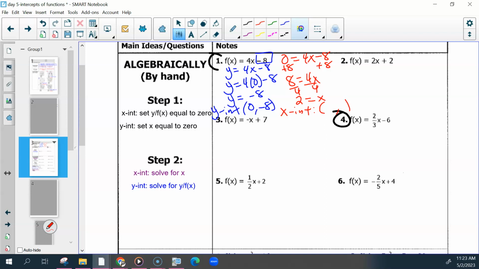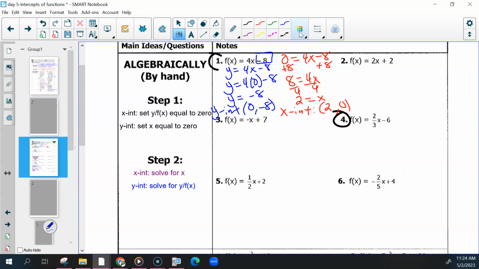Zero. Before we continue, what questions do we have on that process or how we found those? Okay, moving on.